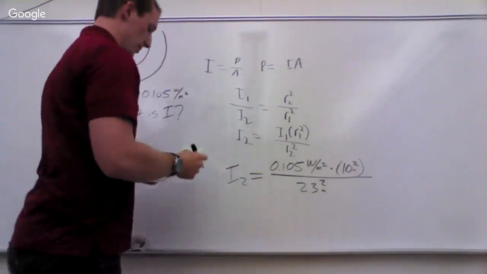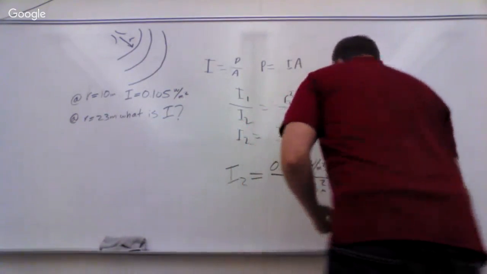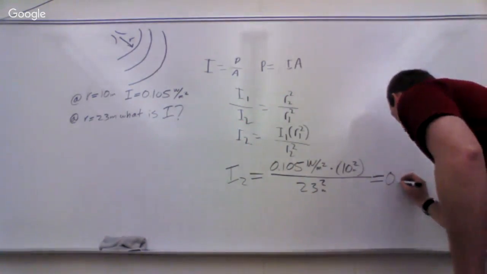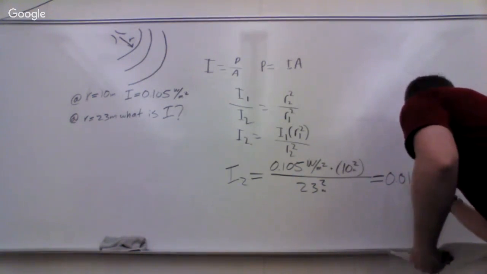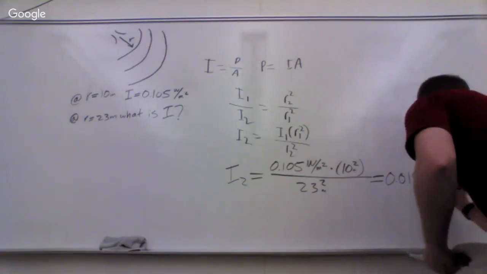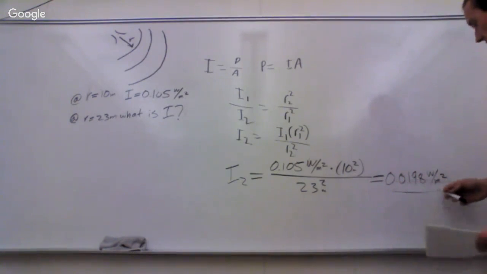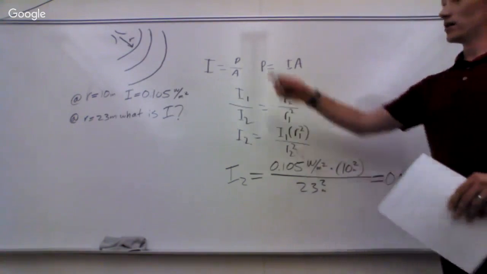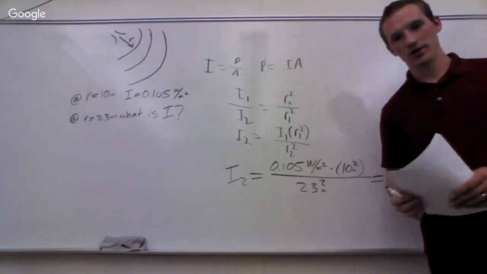That answer ends up being 0.0198 watts per meter squared. So there's our intensity of that same wave at a distance just over twice as far.